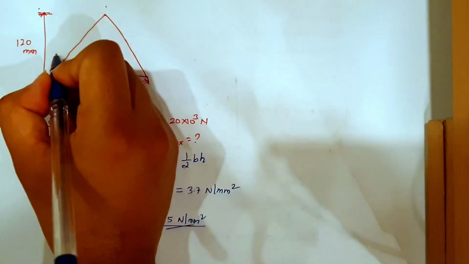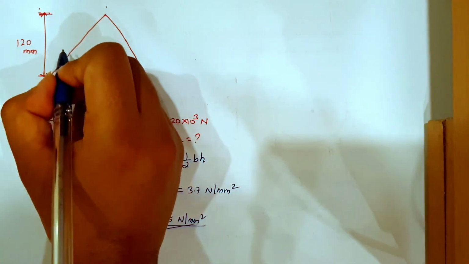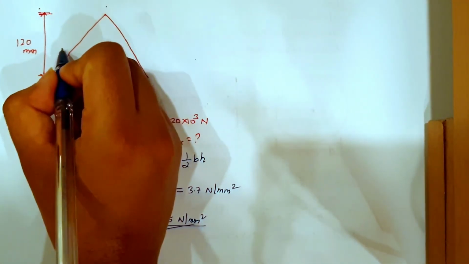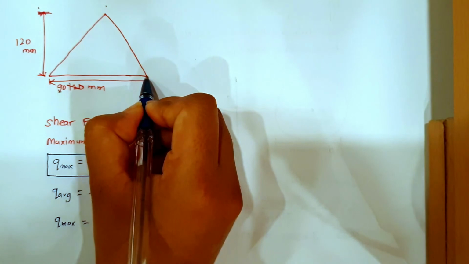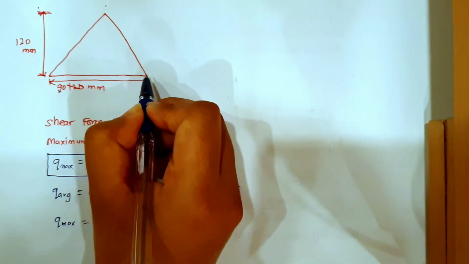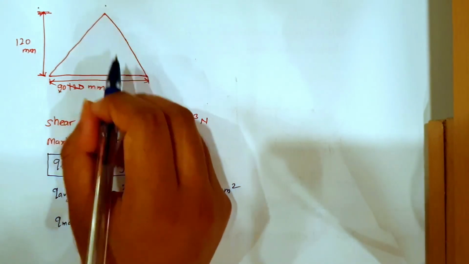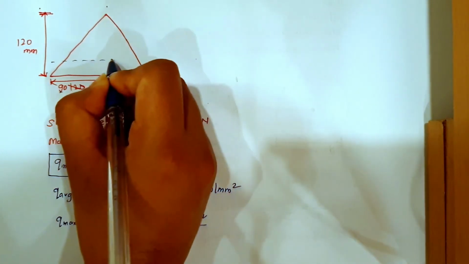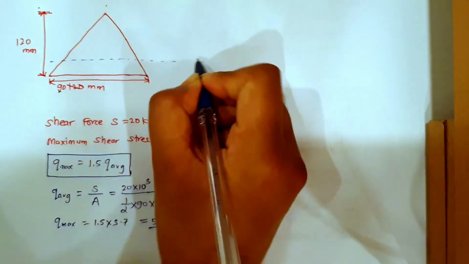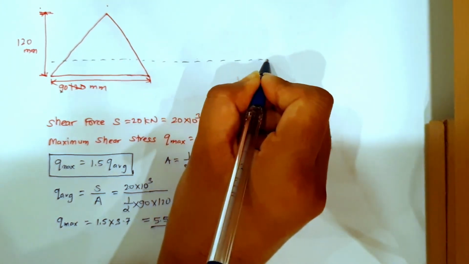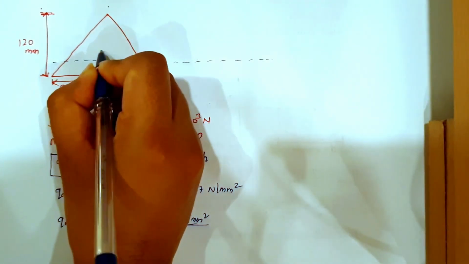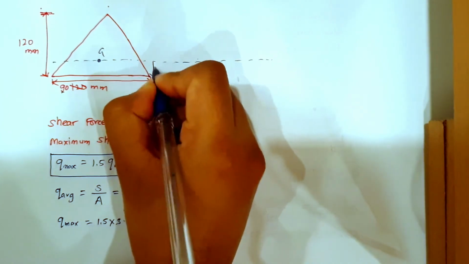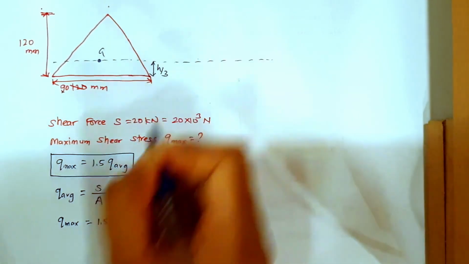Now let us draw the shear stress distribution diagram. For this, where does the centroid for this triangular section lie? It lies at a height of h by 3, right? So at this height you have centroid G, at h by 3.